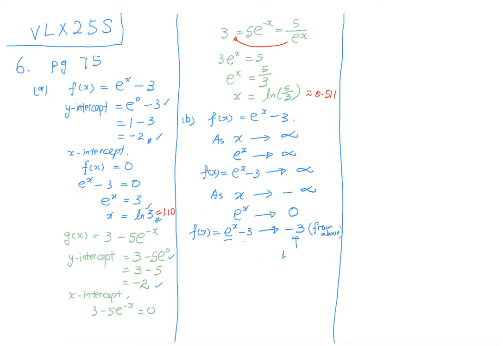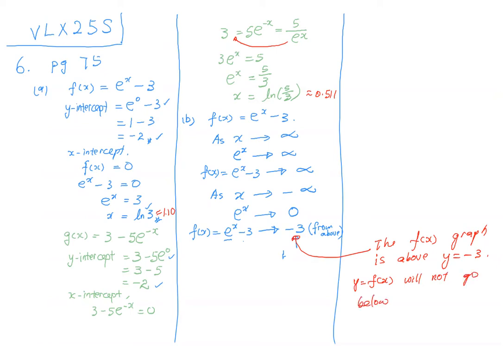So how do we interpret this? The f(x) graph is above y equal to negative 3. So that means it's indirectly telling us that f(x), y equal to f(x), will not go below negative 3.